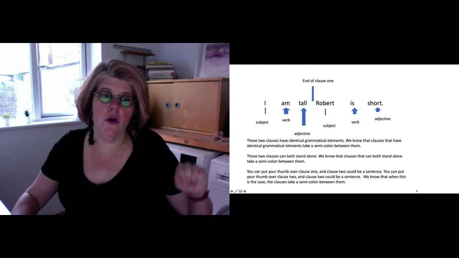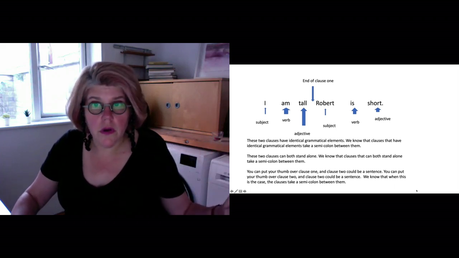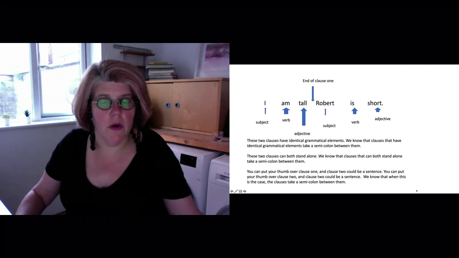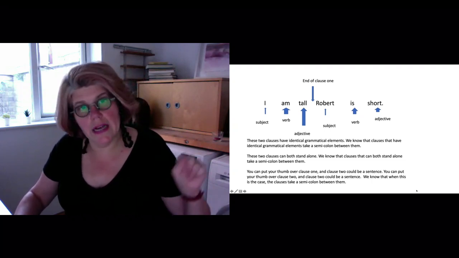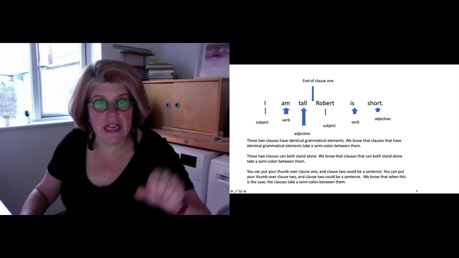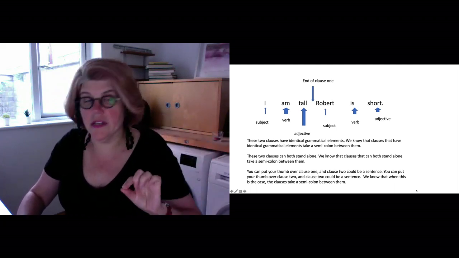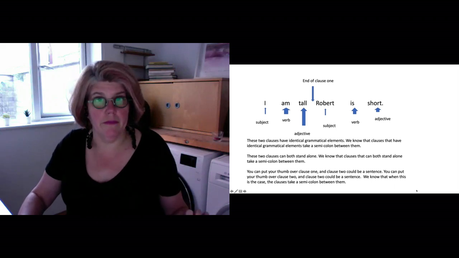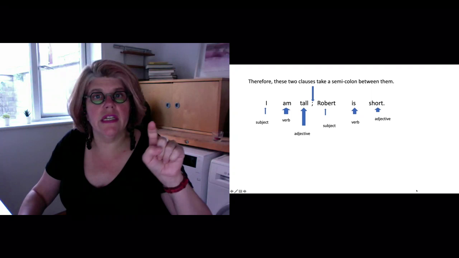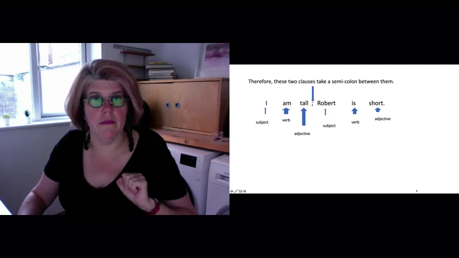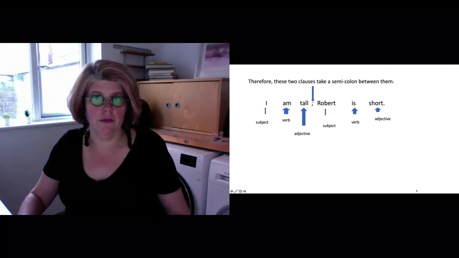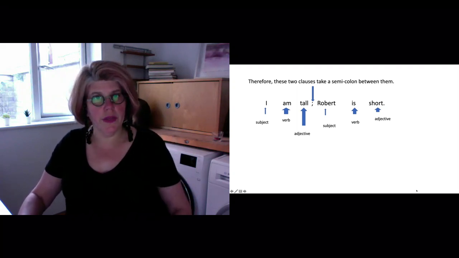You can put your thumb over clause 2, Robert is short, and clause 1, I am tall, could be a sentence. And we know that when this is the case, the clauses take a semicolon between them. Therefore, these two clauses take a semicolon between them. I am tall; Robert is short. Semicolon between the two.